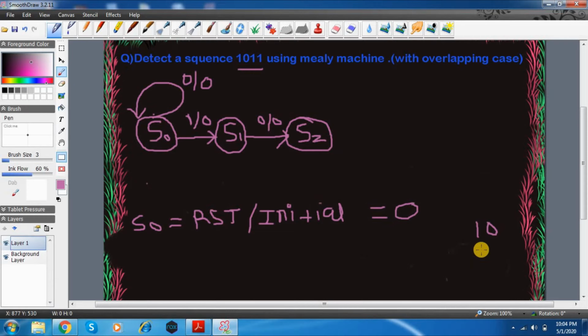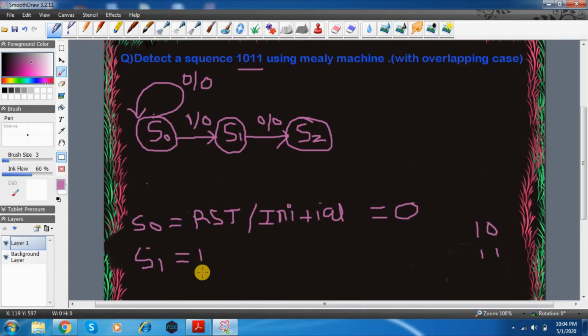But what happens when 1 1 is detected? First of all, you have to write what is held by S1. S1 is holding 1. How does it hold 1? Because to reach S1 only one bit is detected, that is 1.